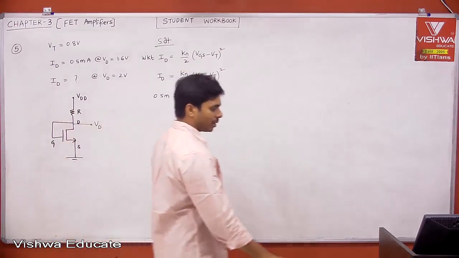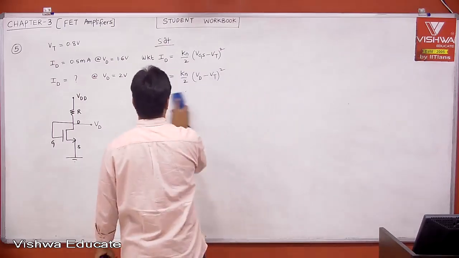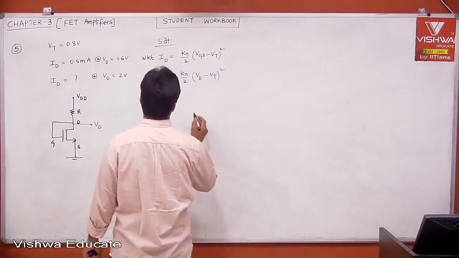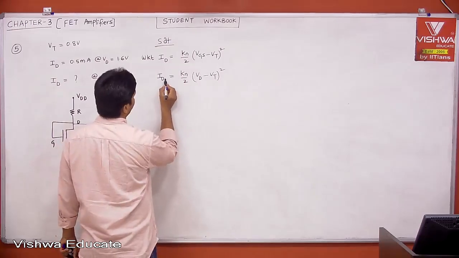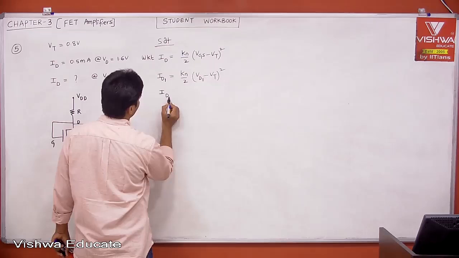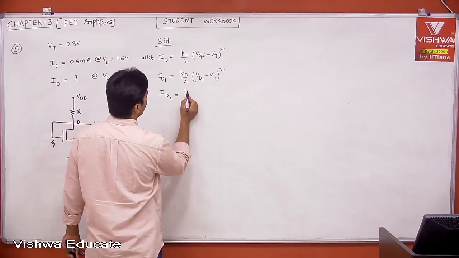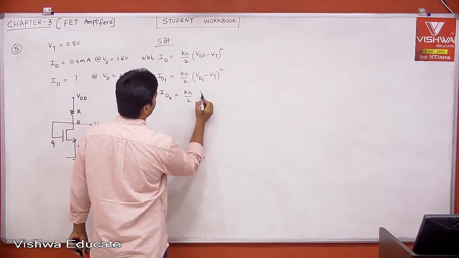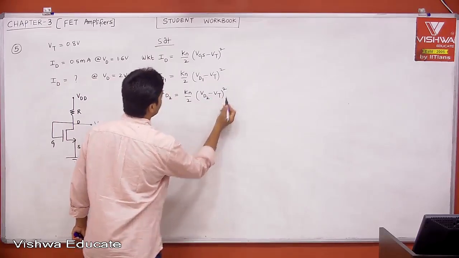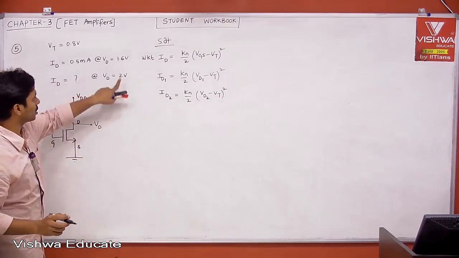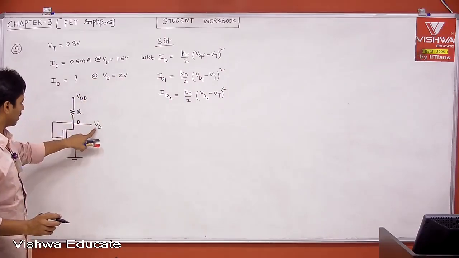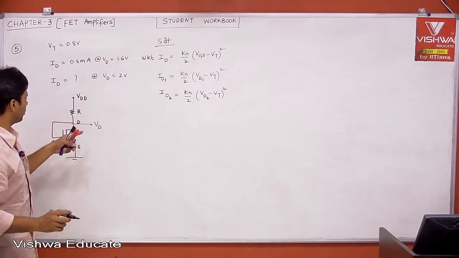Instead of that, we can do it in a different way. Okay. This is your VD, right? Let me call this ID1, VD1. Then what is ID2? For a different value VD2, can I say Kn/2 into (VD2 − VT) whole square? Simple. If VD is changed from 1.6 to 2, then your ID also will change, because VD is nothing but VGS.